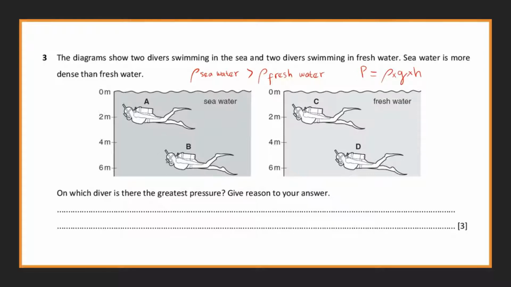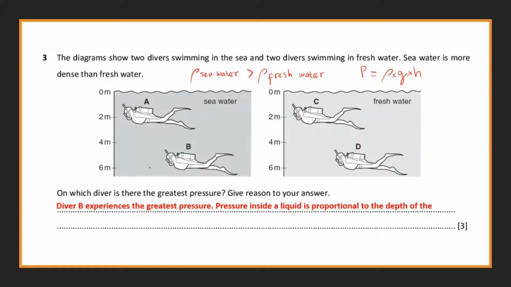So we know that diver B experiences greater pressure compared to diver A. So the answer to this question is diver B experiences the greatest pressure.